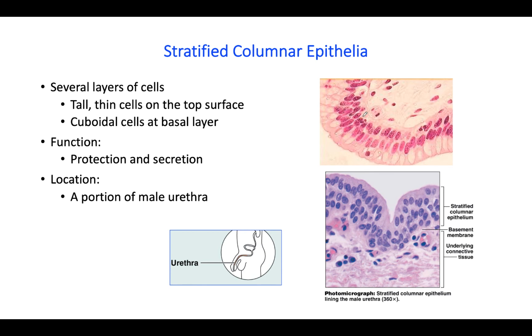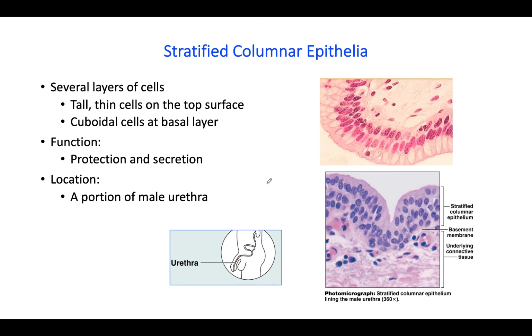But the basal portion is more like cuboidal epithelia. So cuboidal cells at the basal layer and tall, thin cells on the top surface. What is the function? Protection and secretion.